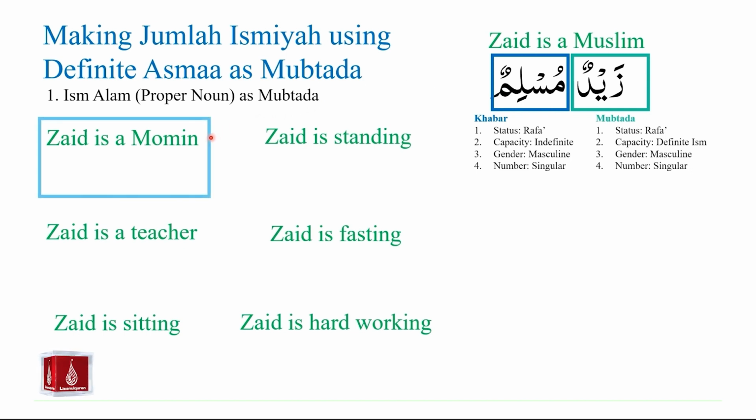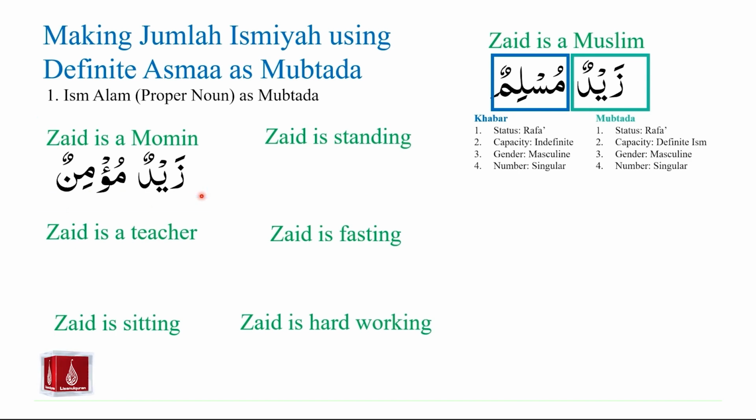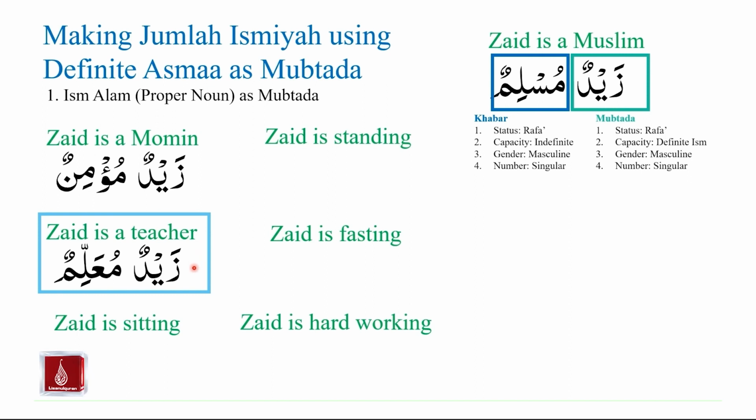Zaid is a mu'min, and the translation will be Zaidun mu'minun. Zaidun is satisfying all the criteria for mubtada, and mu'minun is satisfying all the criteria for khabar. Therefore, Zaidun mu'minun is jumla ismia. Zaid is a teacher. Zaidun muallimun.